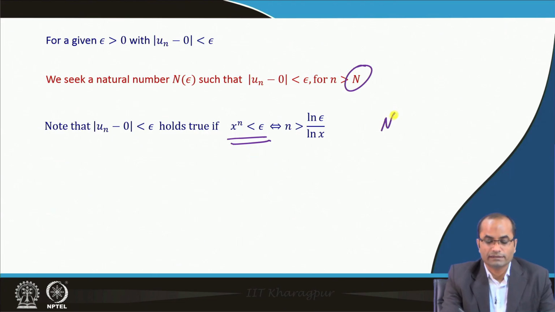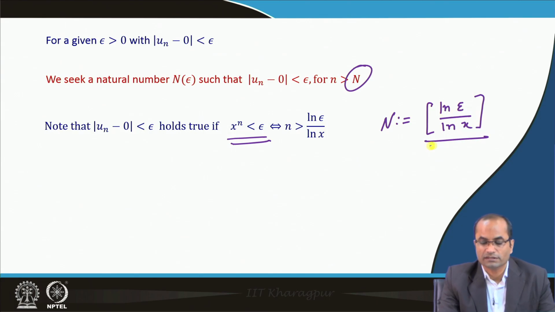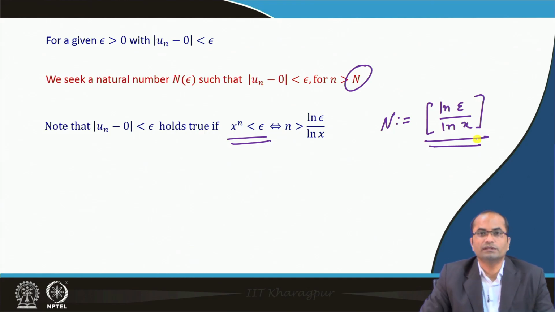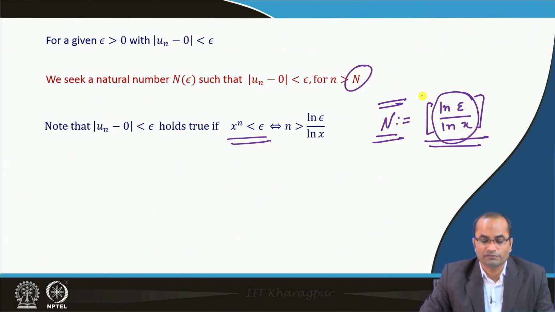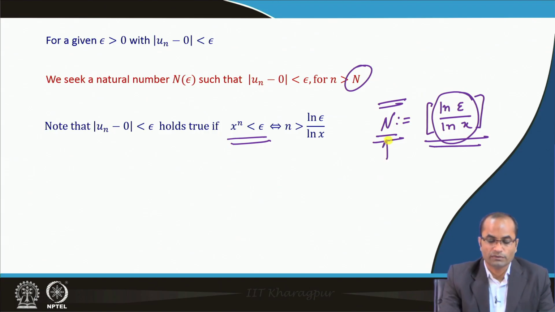However, if we set this big N to, for instance, the ceiling of ln epsilon divided by ln x, where the bracket means rounding to an integer towards infinity, we have a natural number N coming from this expression. If we choose such N, the problem is that it depends on epsilon and on x.